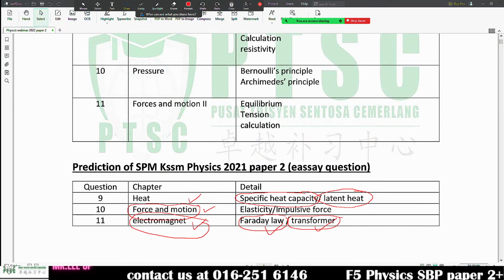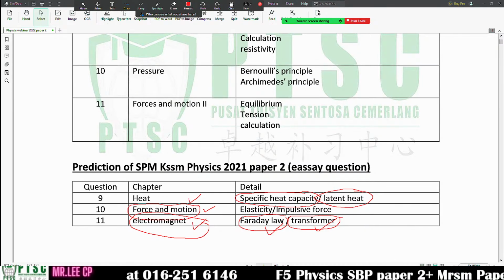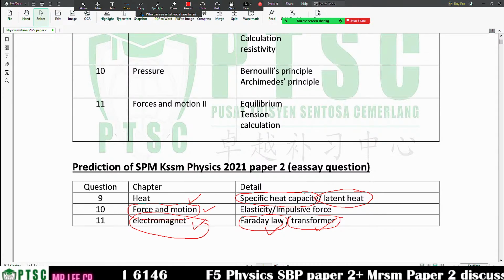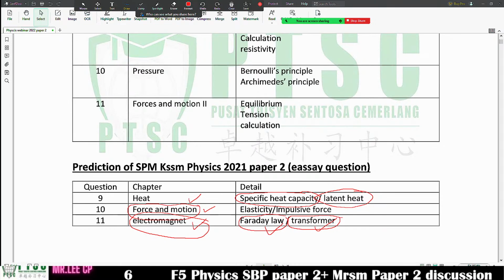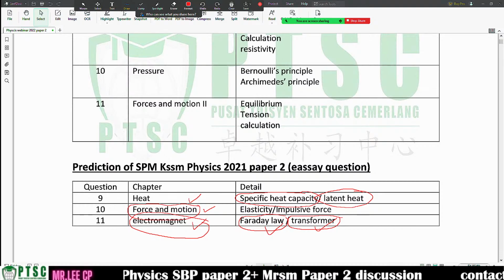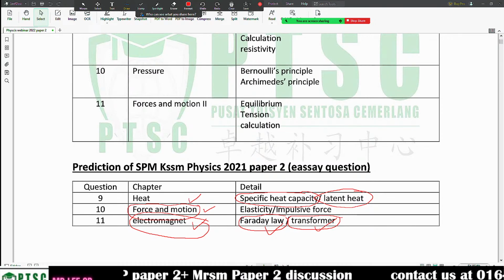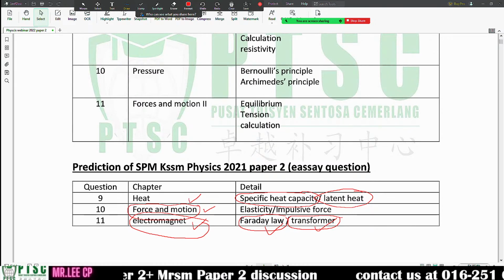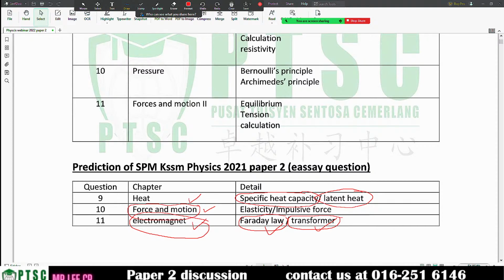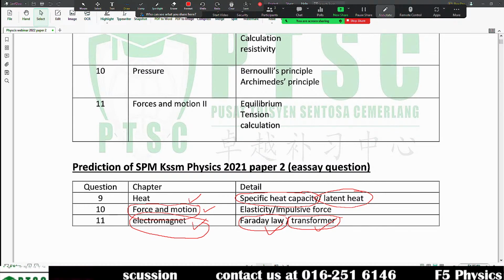Forces and motion appears in Form 4 and also Form 5, but the ones that I predict are elasticity or impulsive force, these two areas have a bigger chance, especially impulsive force. Impulsive force, the longer the impact time to reduce the impulsive force, very easy to ask you, right? Or elasticity, very easy to ask in essay. Okay, this is what I predict.